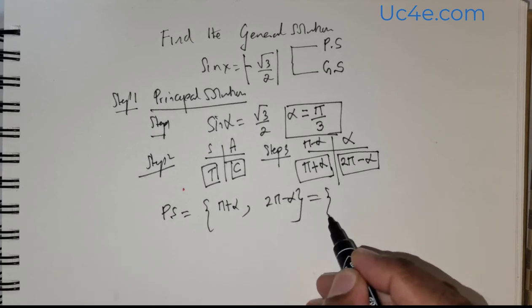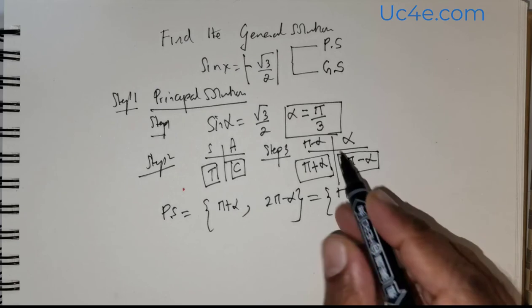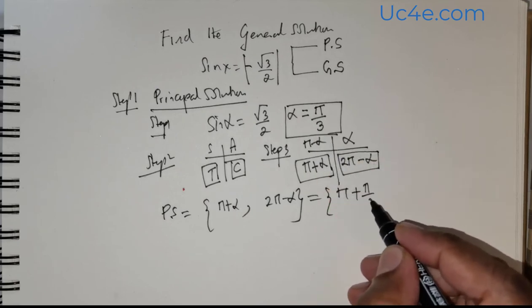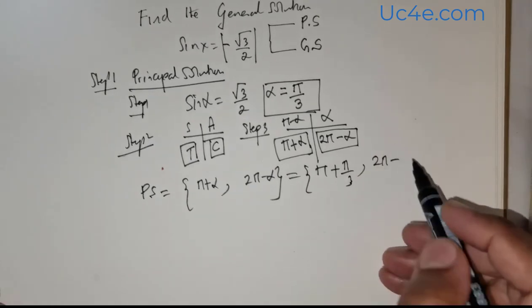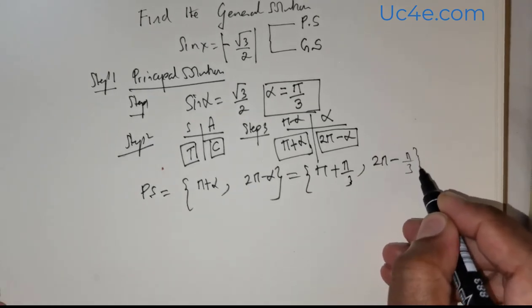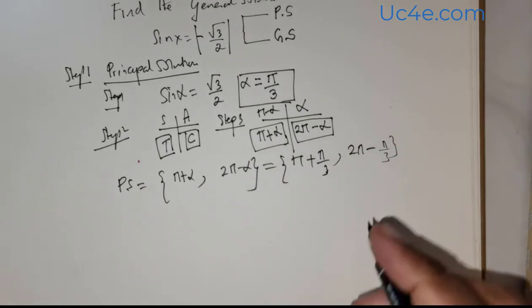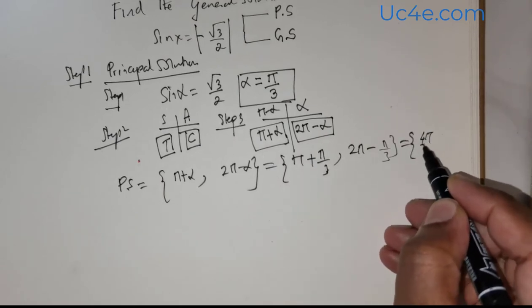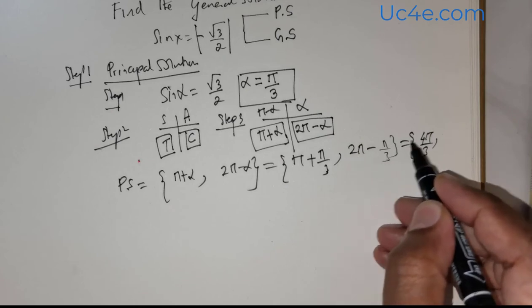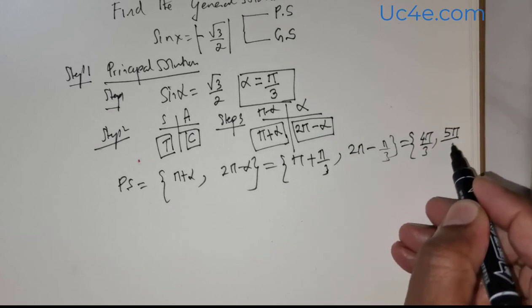So this would mean pi positive, the alpha is pi over 3, and 2 pi negative pi over 3, right? So this is going to give me 4 pi over 3 and 6 pi negative pi, that's going to be 5 pi over 3.